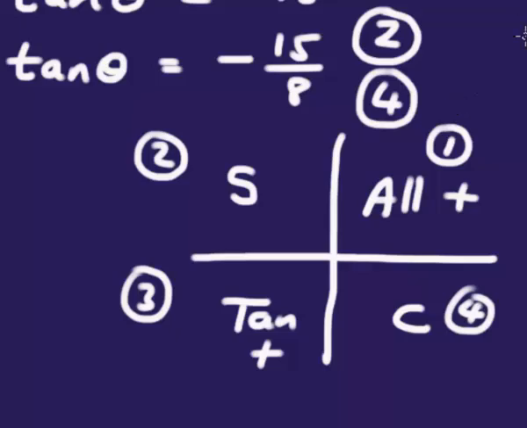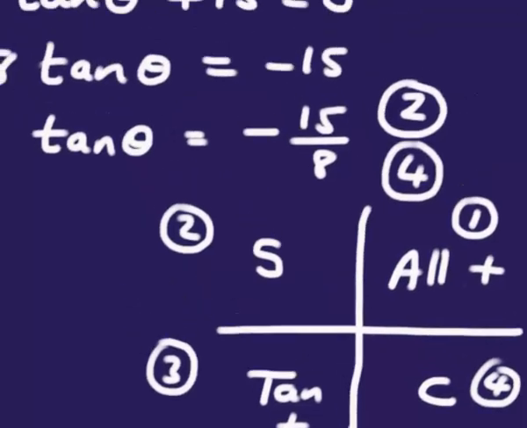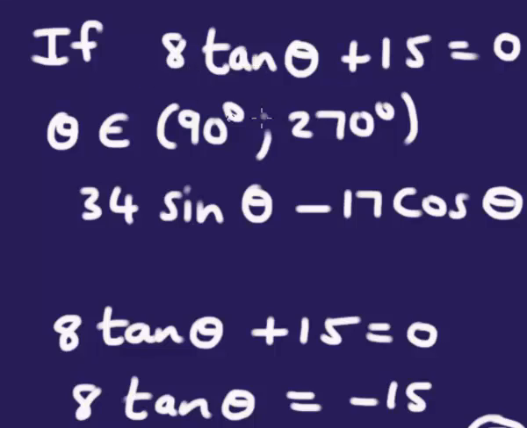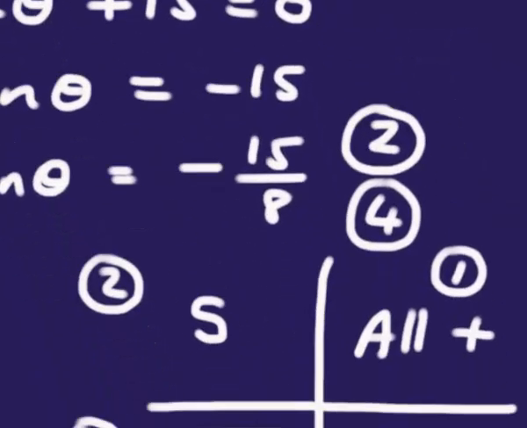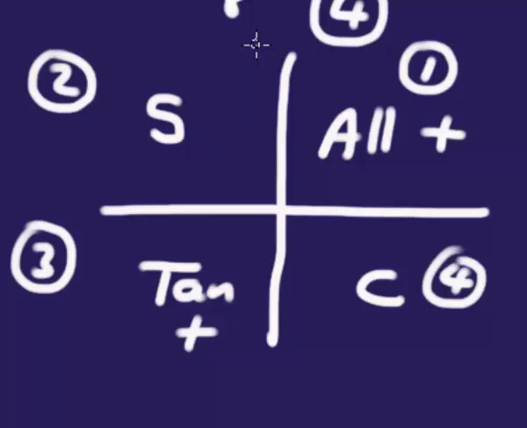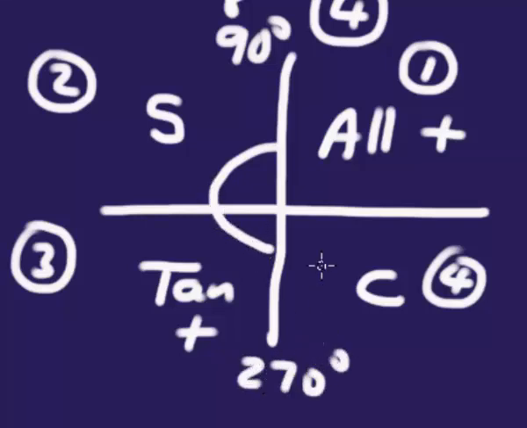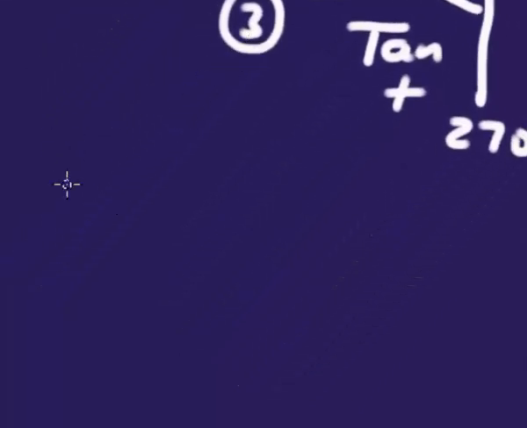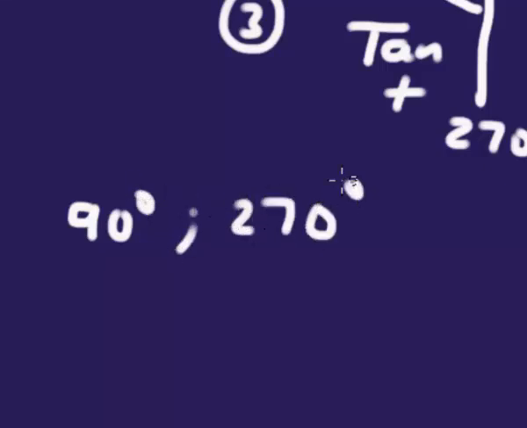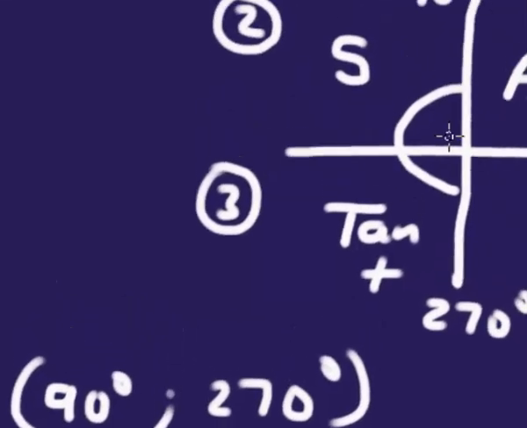But now, what we need to find out is what does this tell us here, 90 to 270? Well, 90 to 270 is essentially going from 90 all the way to 270. So you can span across quadrants 2 and 3. So when you look at this restriction, what quadrants are you allowed to be in?